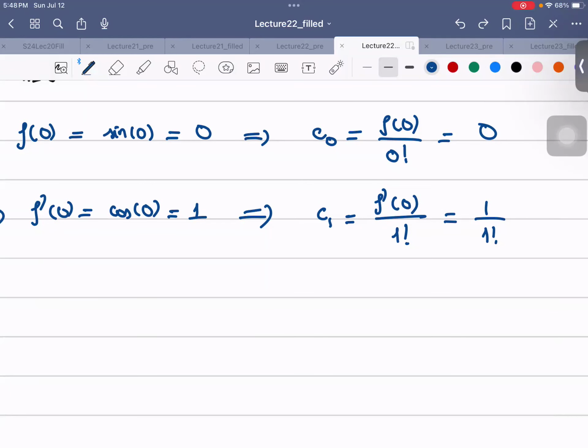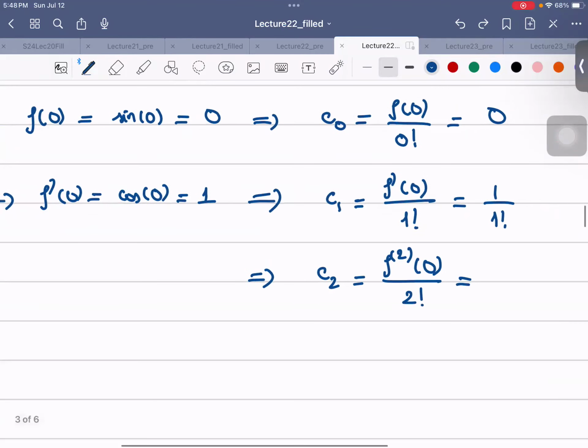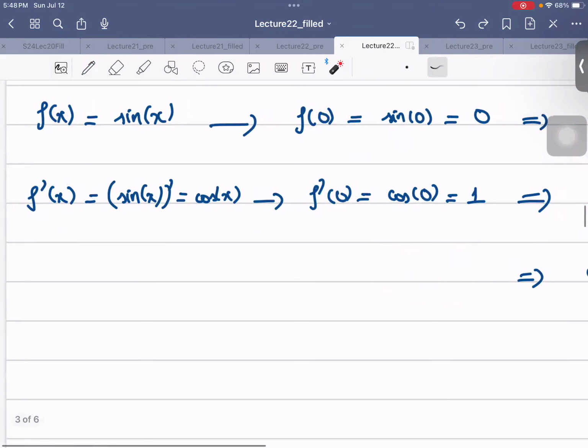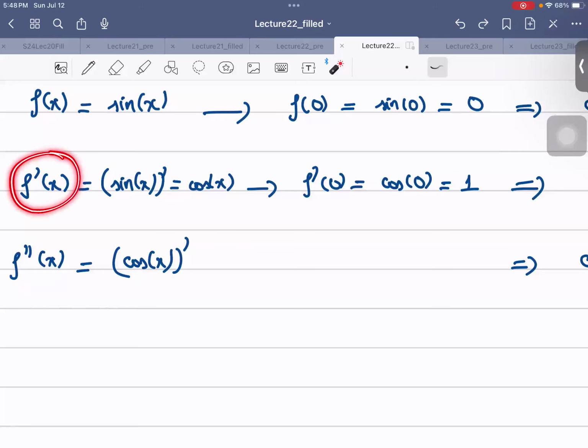Next, I need to compute C2. C2 will be the second derivative at 0 divided by 2 factorial, so I need to know the second order derivative of f. F prime of x is cosine of x, and I need to take one more derivative, so I'm going to have negative sine of x.